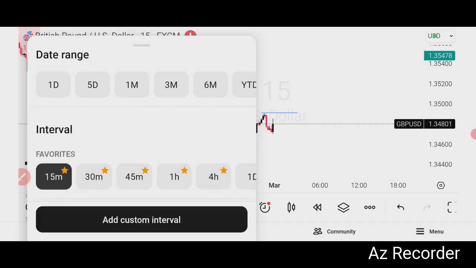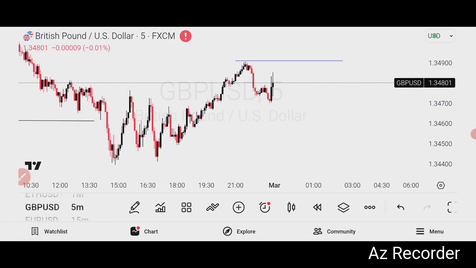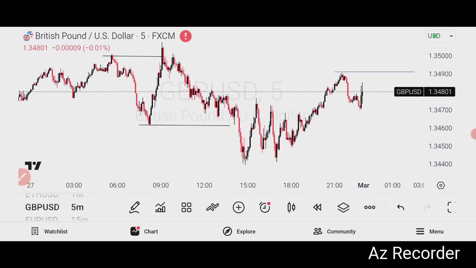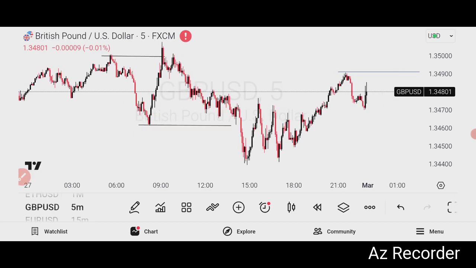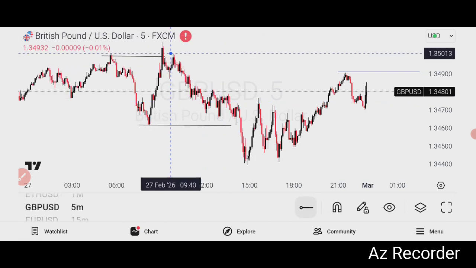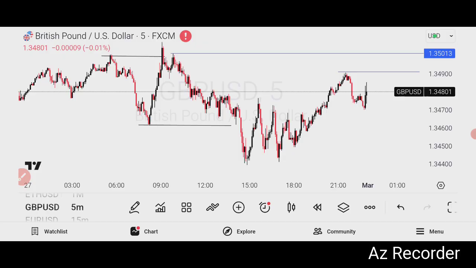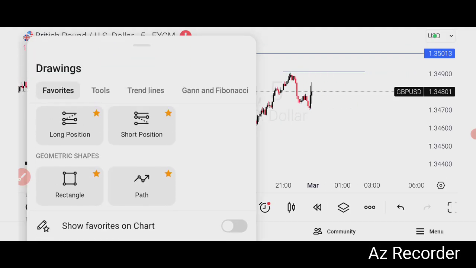Then let me go further and check the 5 minute time frame to see if this structure aligns. Okay. The likeliest scenario that might happen here is that this market might come up for this liquidity here, take out that zone, then start selling again.